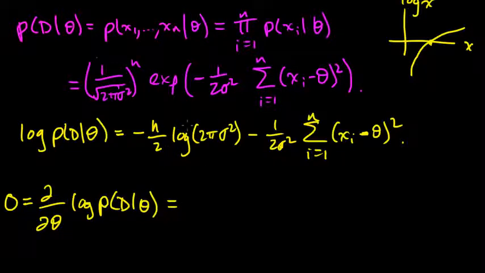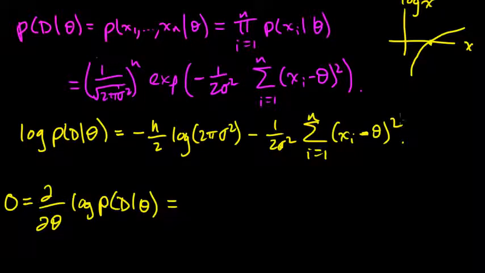This part is a constant with respect to theta, so it's just 0. And what do we get over here? Of course the derivative moves through the sum, by linearity of differentiation.